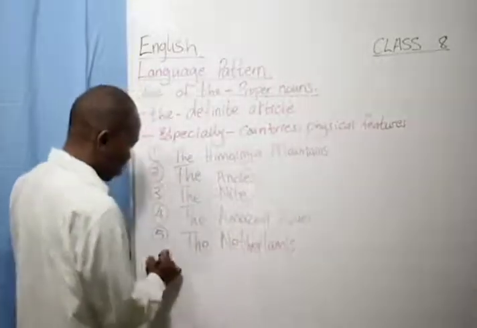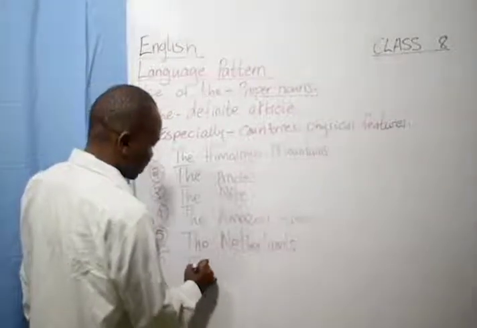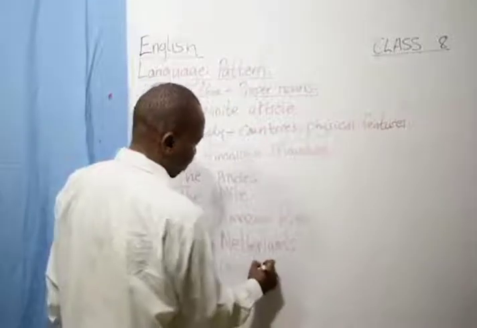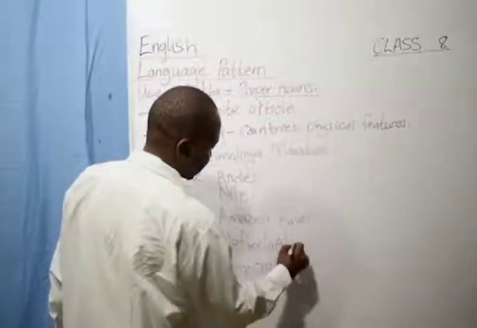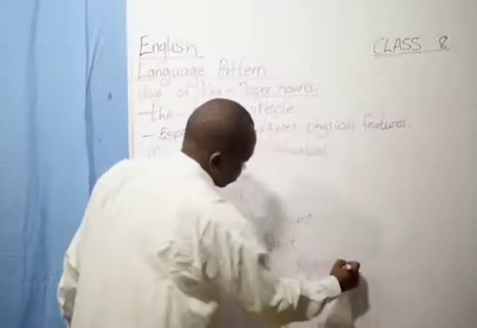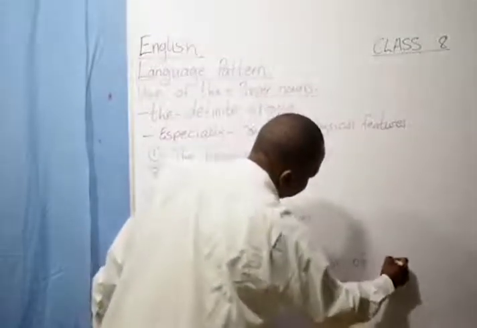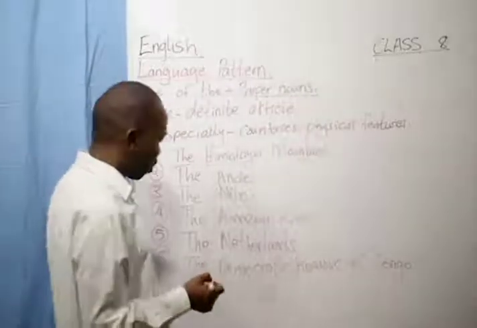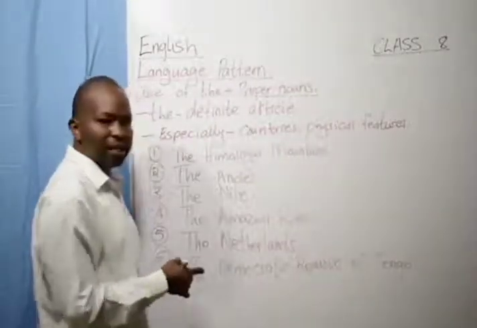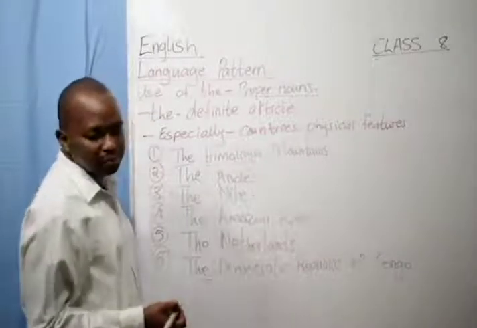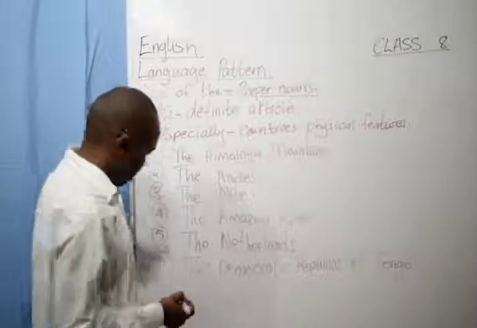We also have the Democratic Republic of Congo. So when you are talking about or writing about that country, you have to use article "the".